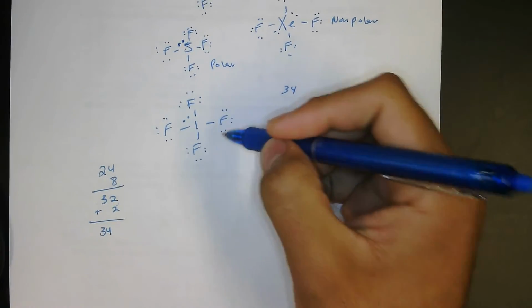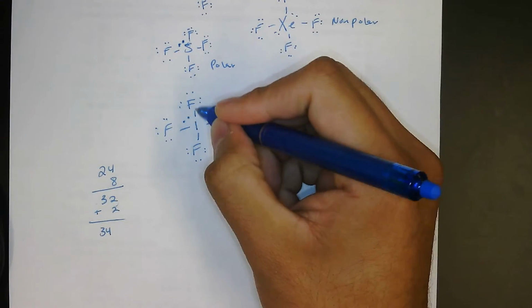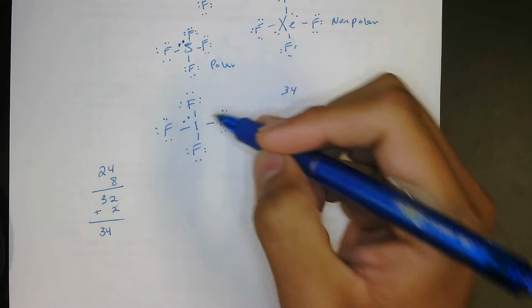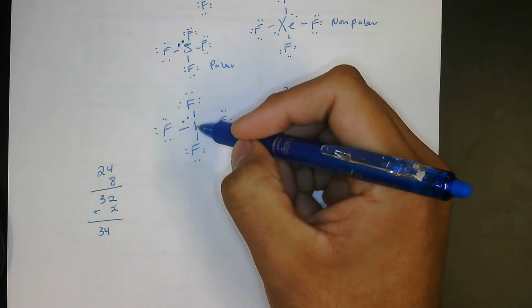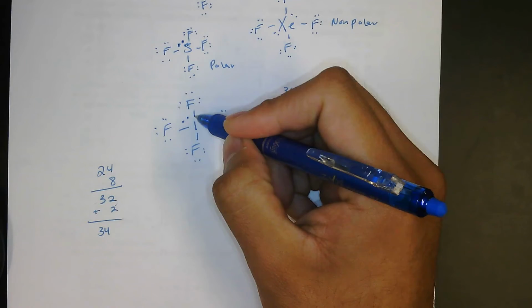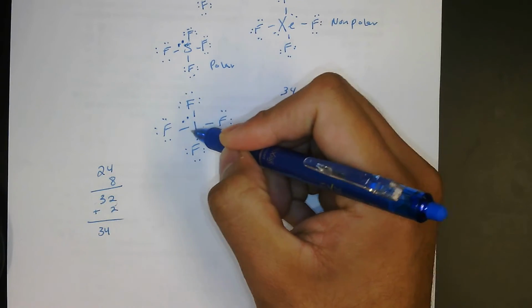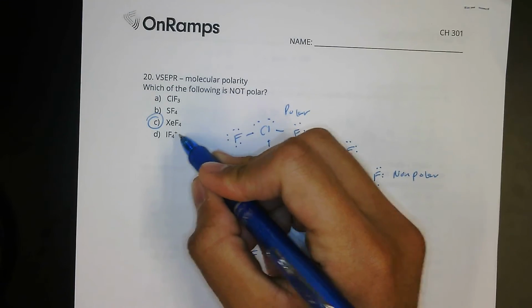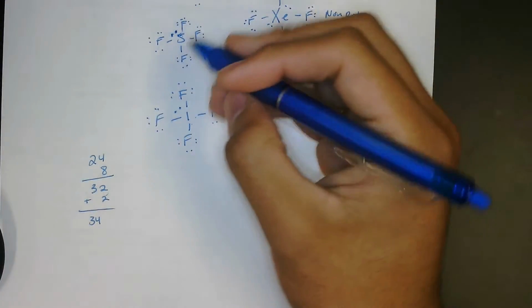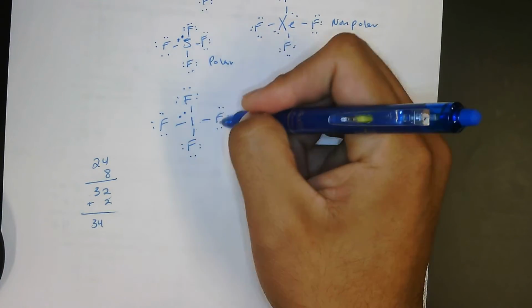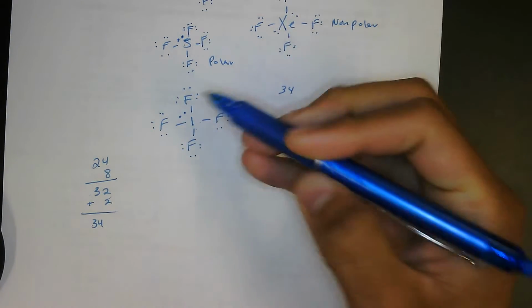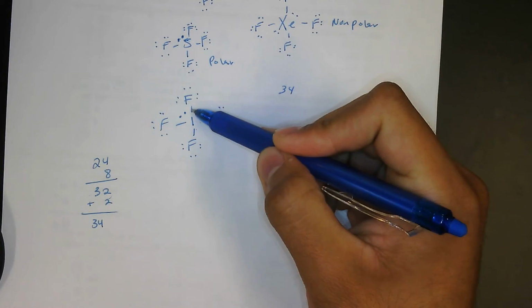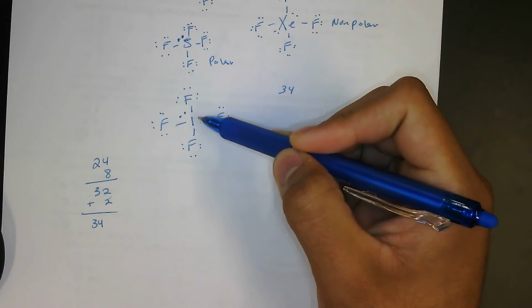For IF4+, iodine is supposed to contribute a total of 7 valence electrons. Right now it has 1, 2, 3, 4, and I misread this. So you have a plus sign, which means that we lost an electron. So the fluorines are happy. They're each contributing their 7 electrons in the form of 3 lone pairs and 1 bond to these shared bonds.